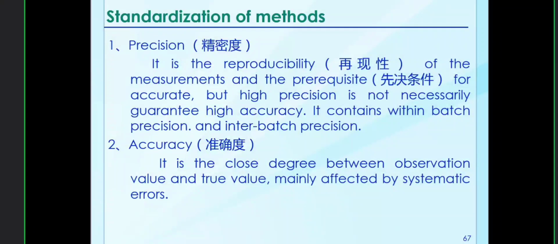It is the reproducibility of the measurement and the prerequisite for accurate. But high precision is not necessarily guarantee high accuracy. It contains with batch precision and inter-batch precision. Second is accuracy. It is the close degree between observation value and true value, may be affected by systematic errors.